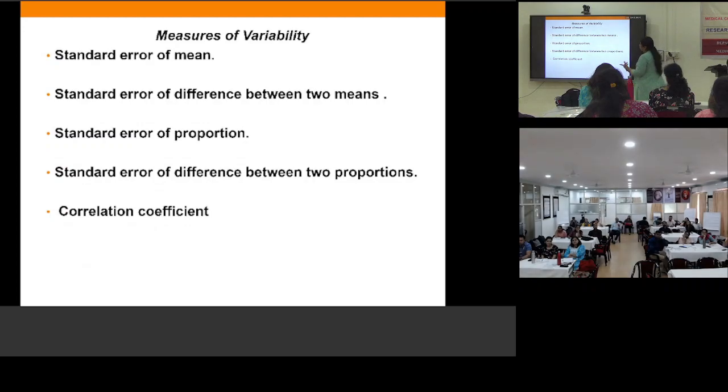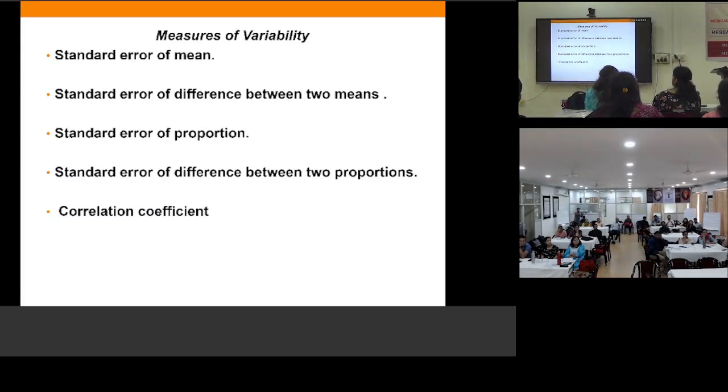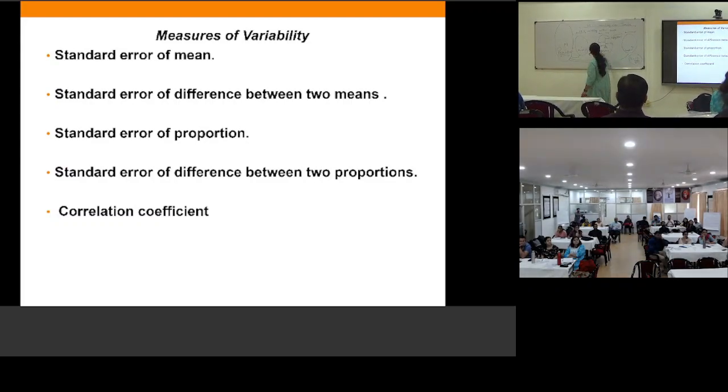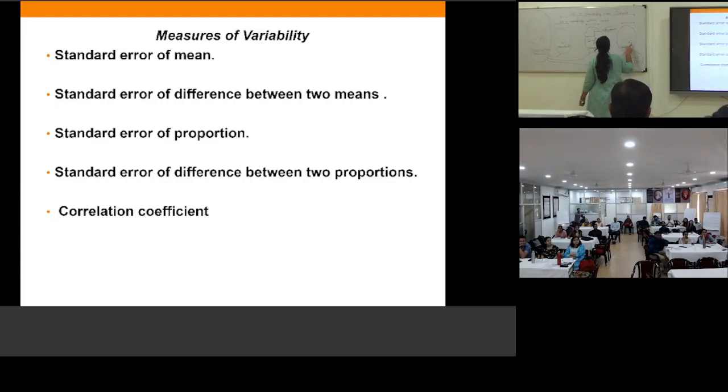To understand what it is basically: we have taken three samples, A, B and C, from this whole big population. The population mean is capital M, and the sample means are M1, M2, M3. Now what is standard error?